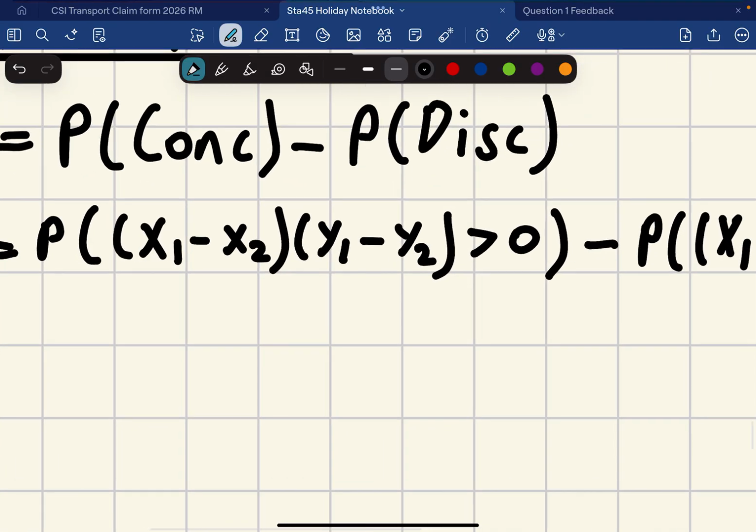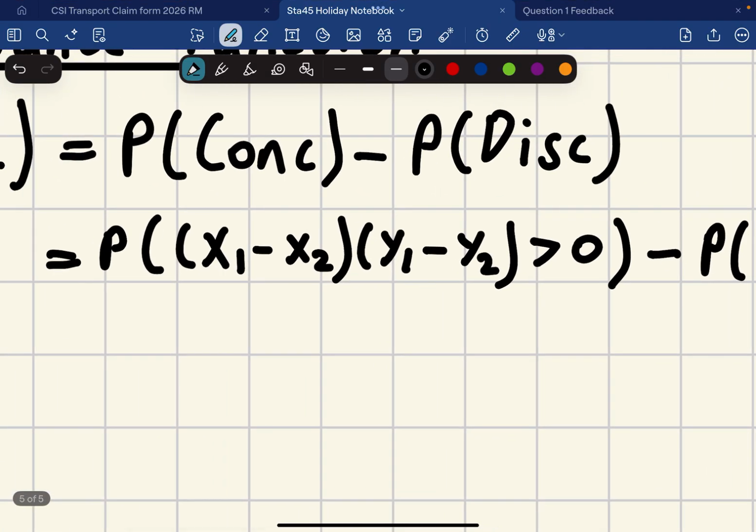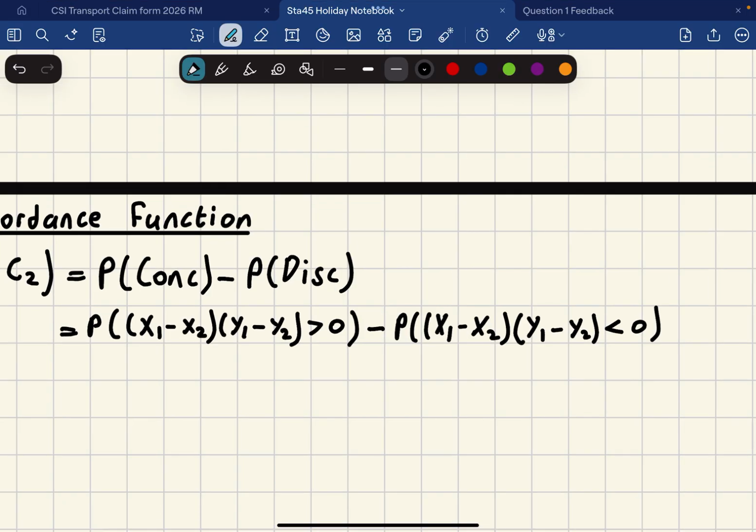And then obviously if we look at these two events, we can see that they are complements, right?